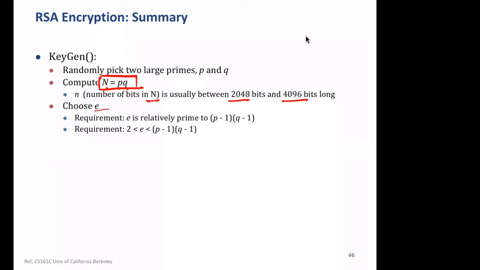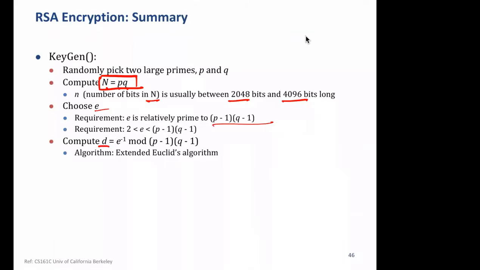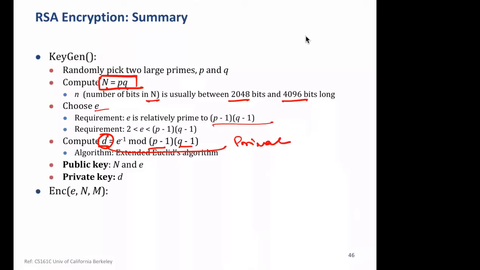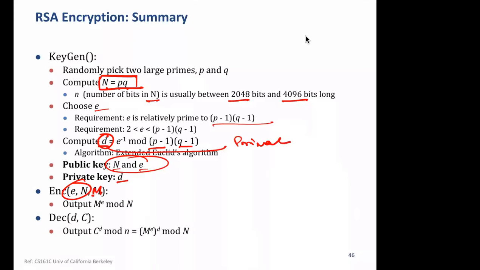Choose one E which is relatively prime to (P minus 1)(Q minus 1), and from that you come out with the inverse of E, which is D, mod (P minus 1)(Q minus 1). So you get the private key. Now the public key of Bob is (N, E) and the private key is D, and anybody can encrypt using N and E. Alice uses her own message M, and the decryption can be done using C raised to the power D mod N, which is M^E raised to the power D mod N.